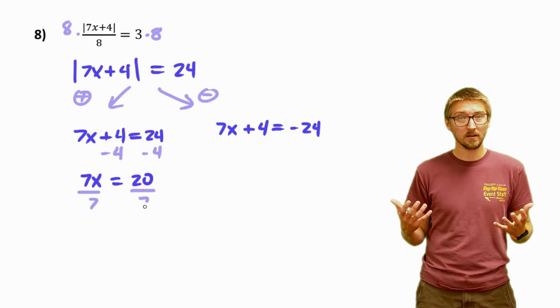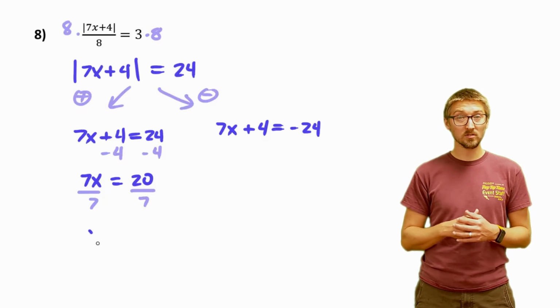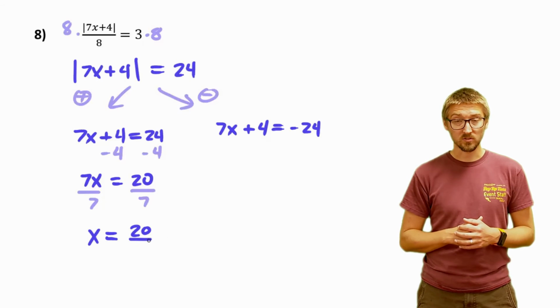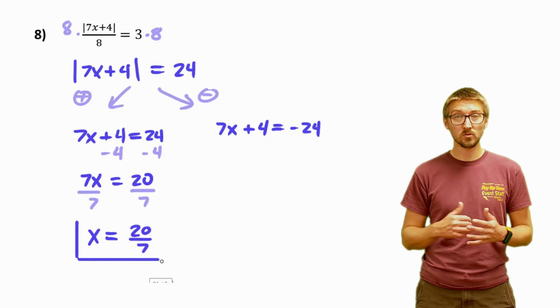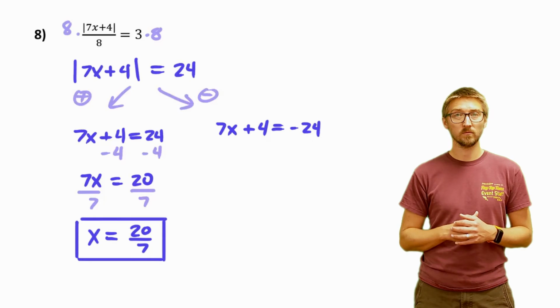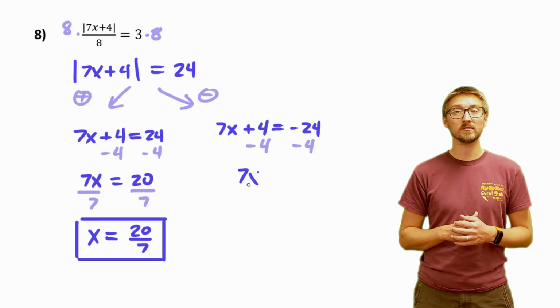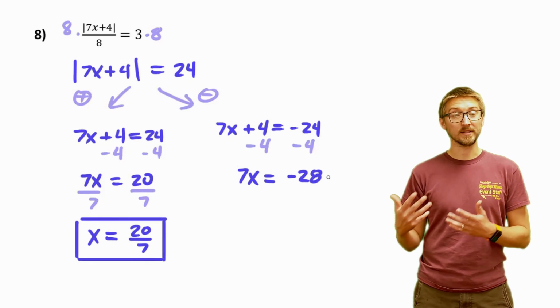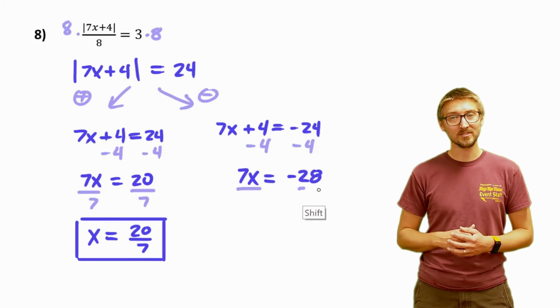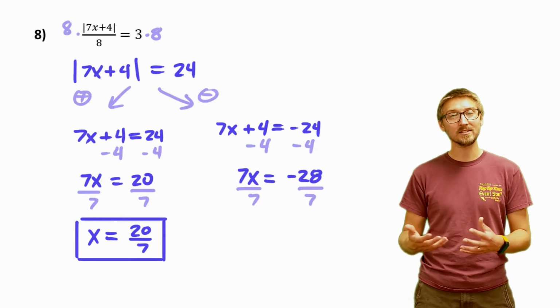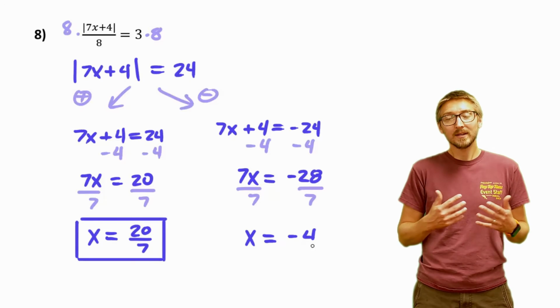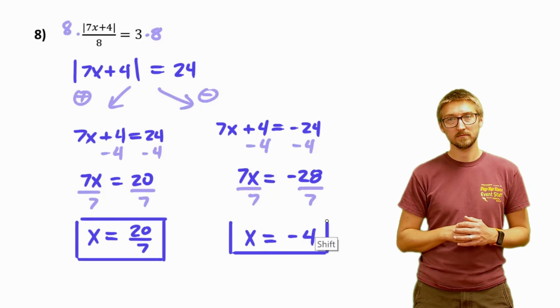Fractions are fine. If you're more of a decimal person, then you could give the decimal version of this. So x equals 20/7. For the negative version, you're going to subtract 4 on both sides, just like we did in the positive version. You get 7x equals negative 28, and then when dividing by 7 here, 28 is a multiple of 7. We get negative 4 as an answer.